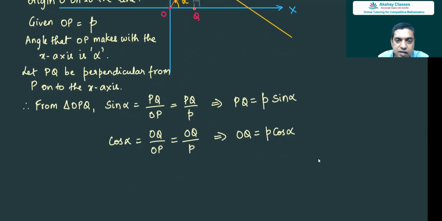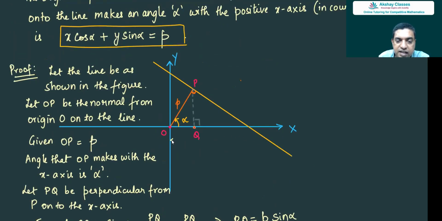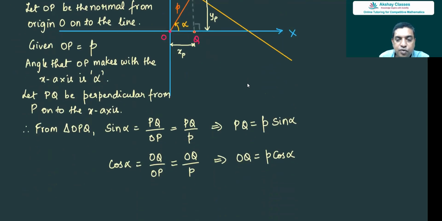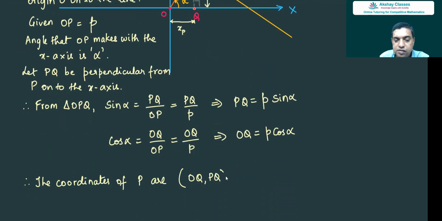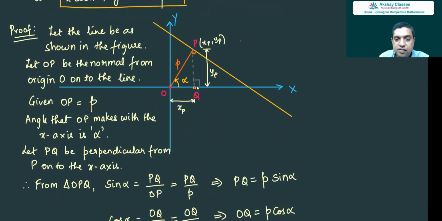So now you see here OQ is the x coordinate of P and PQ is the y coordinate of P. I'll write this as XP, YP, the coordinates of P. So therefore the coordinates of P are OQ length and PQ length.